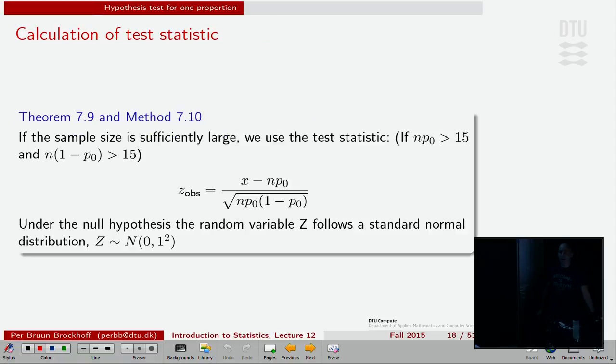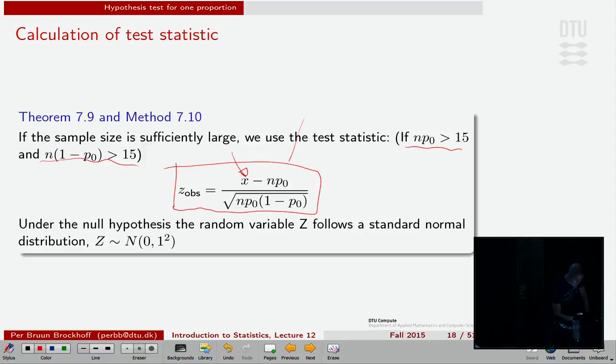How do we make that test? Well, there are several ways. Here's one. Again, the sample sizes should be large enough, as defined by the hypothesized p. We compare the observed number of successes, or whatever we count, with the expected number of counts.